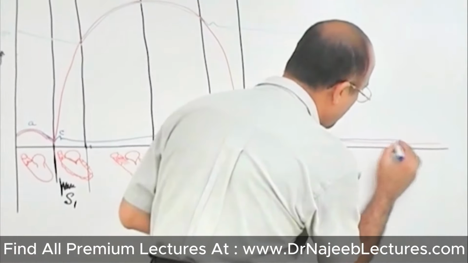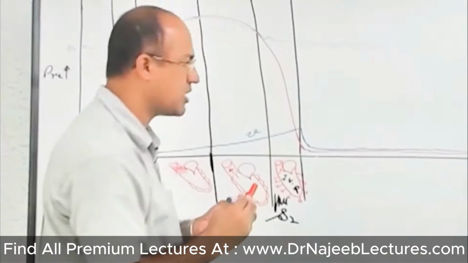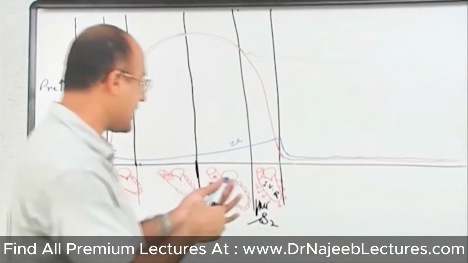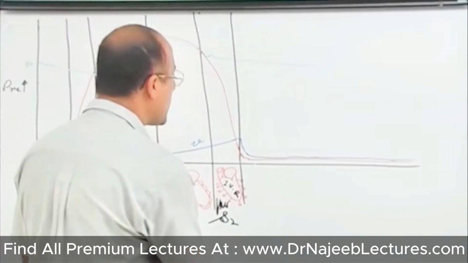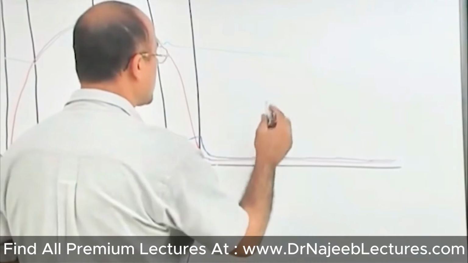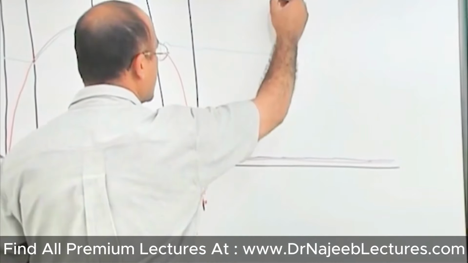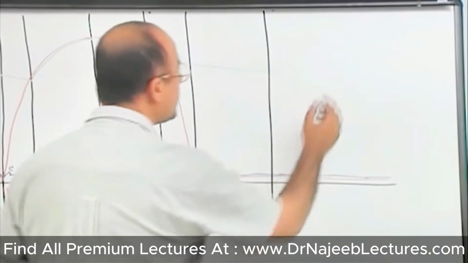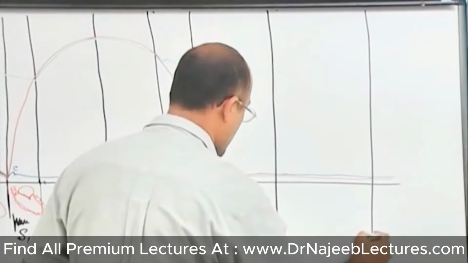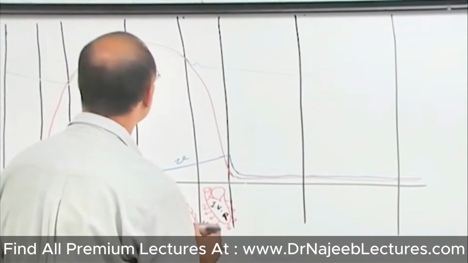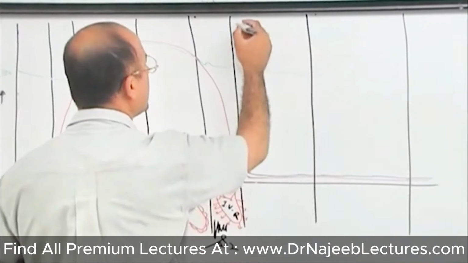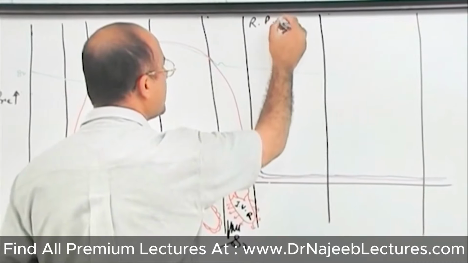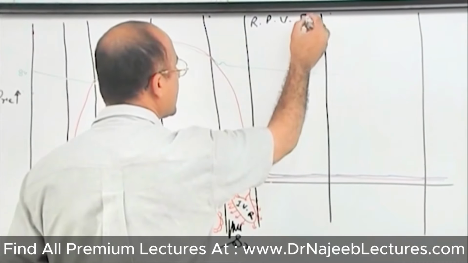So this is the atrial pressure, which is very slightly more than ventricular pressure. This is now ventricular diastole. What is this phase? This was rapid passive ventricular filling.